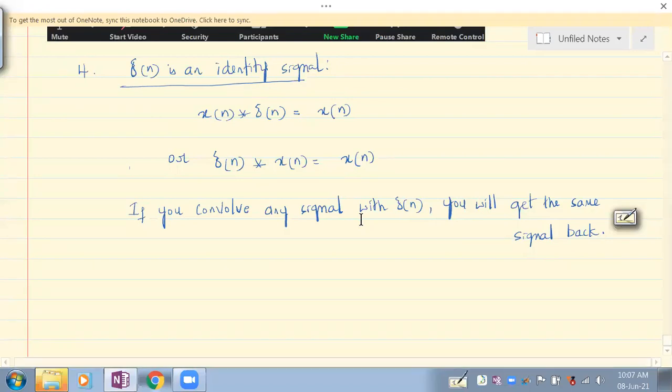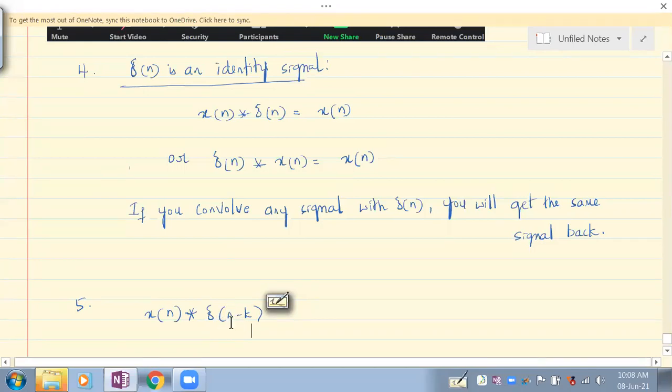Fine. Now, the fifth one. Here, if you have x of n and delayed delta of n, or shifted delta of n. This is also called delayed delta of n, because delta of n exists at n equal to 0, but here delta of n exists at n equal to k.